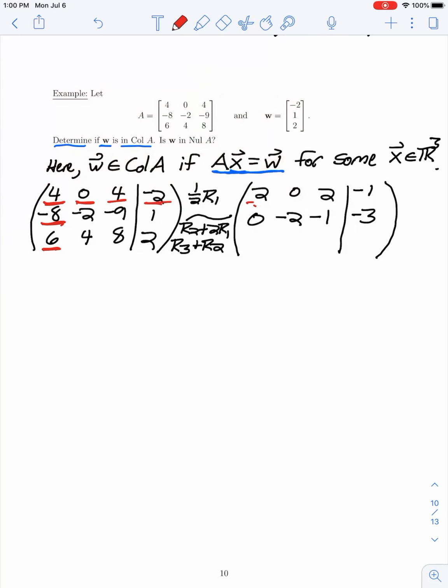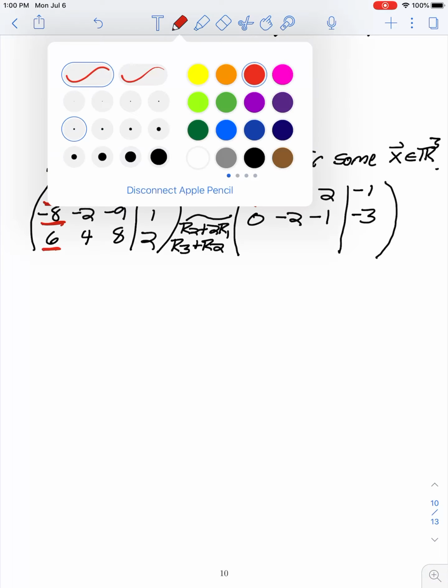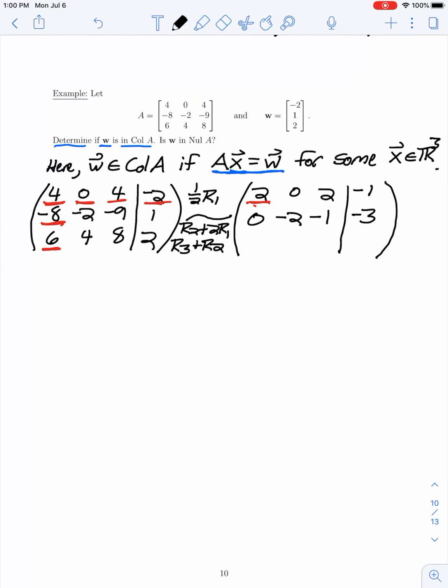And then I see I can use my positive 2 here to kill that off in the next step. So if I add row 2 to row 3, my third row becomes negative 2, positive 2, negative 1, and 3.